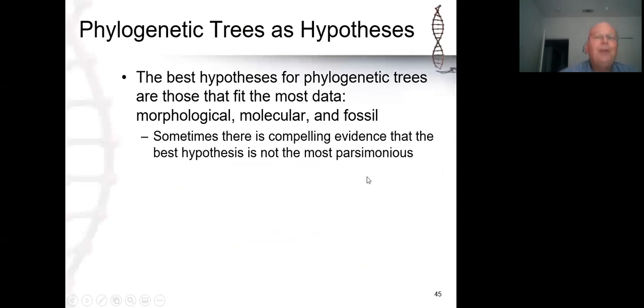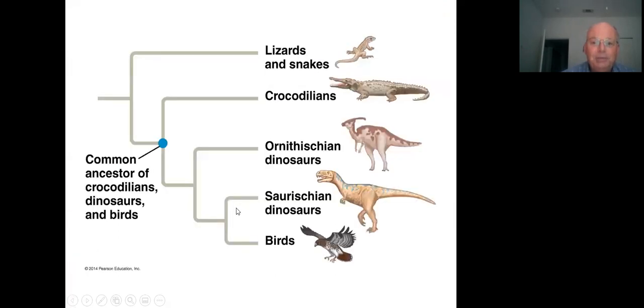So as I've said, phylogenetic trees are always hypotheses. We can't necessarily rely on them to give us the best explanation, but in some cases we can use them to find some interesting relationships.